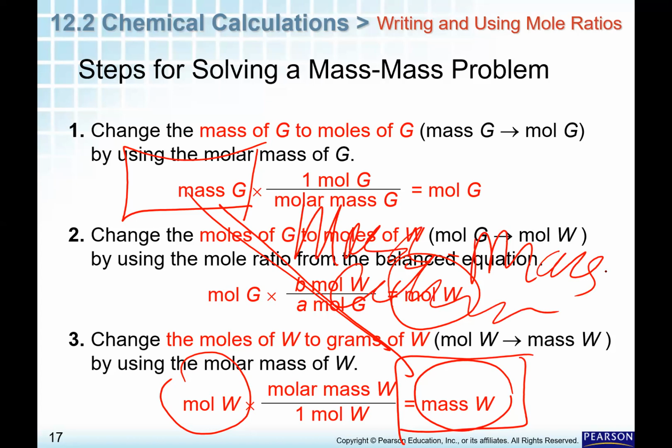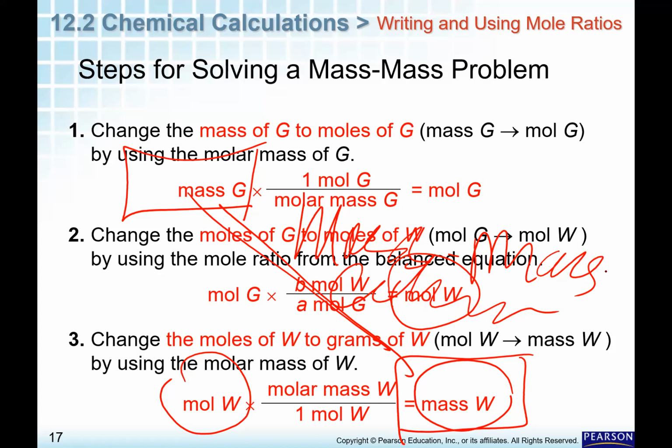Okay? So if you were given, again, the mass of one of the reactants, and you were asked to find the mass of the product, then in that case, it is made of 3 steps. The first step, of course, you're not going to memorize these steps. You need to understand them. But we're making it 1, 2, 3 to make it easy for you to understand, not for you to memorize.